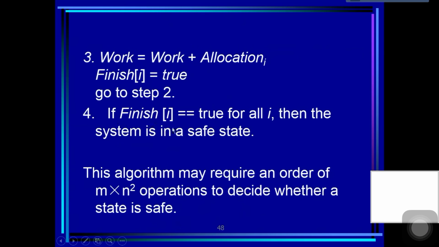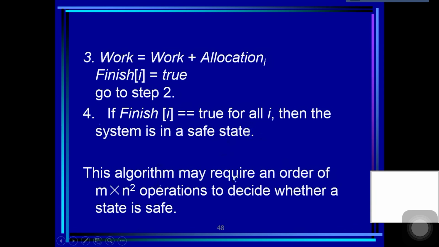So if Finish[i] equals true for all i, that means all processes in the system finish their work. Then the system is in a safe state. Otherwise, the system is unsafe.